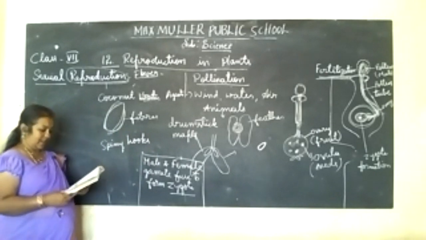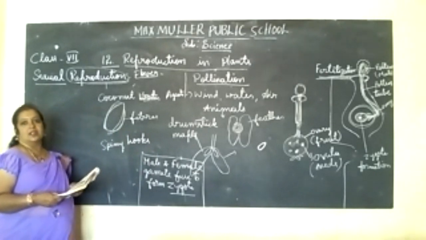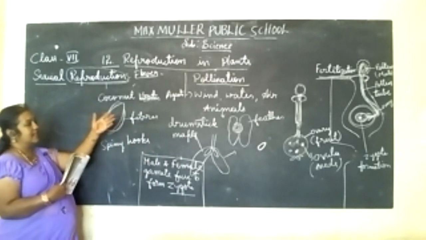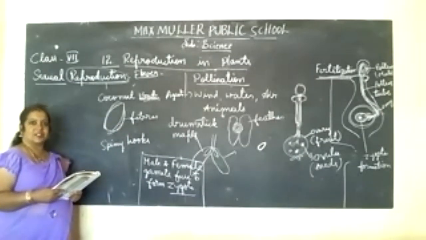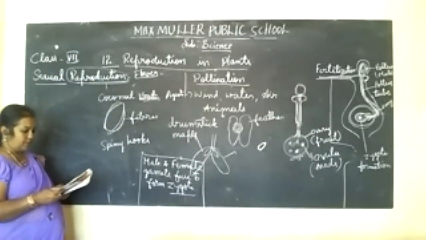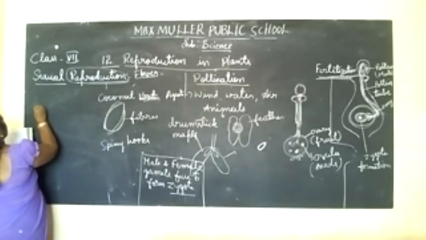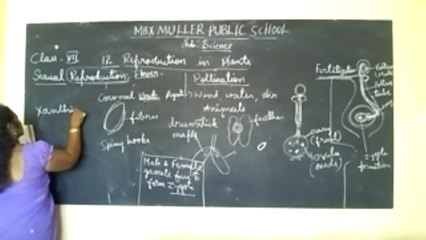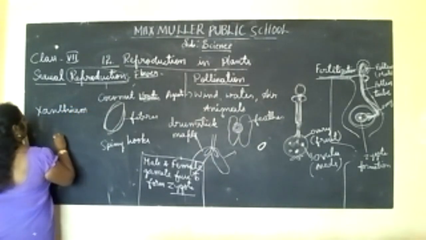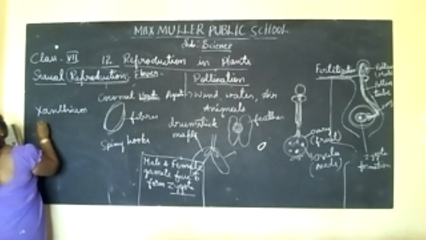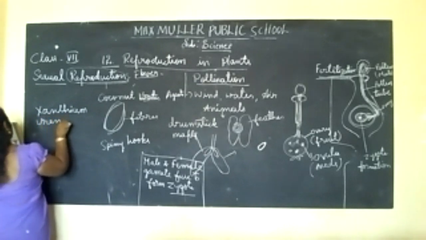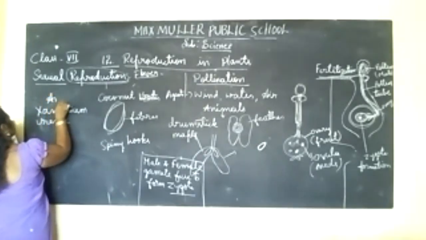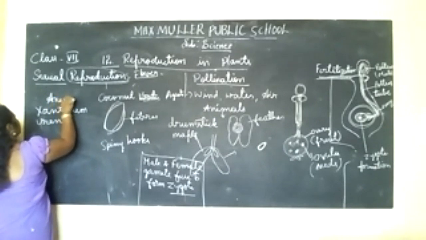In this way, animals are also called agents of seed dispersal. Examples given are xanthium and one more, urena. These seeds are dispersed by animals.